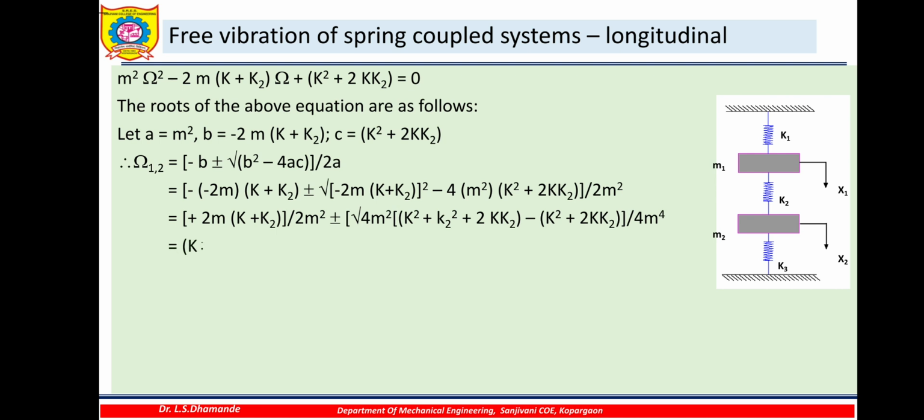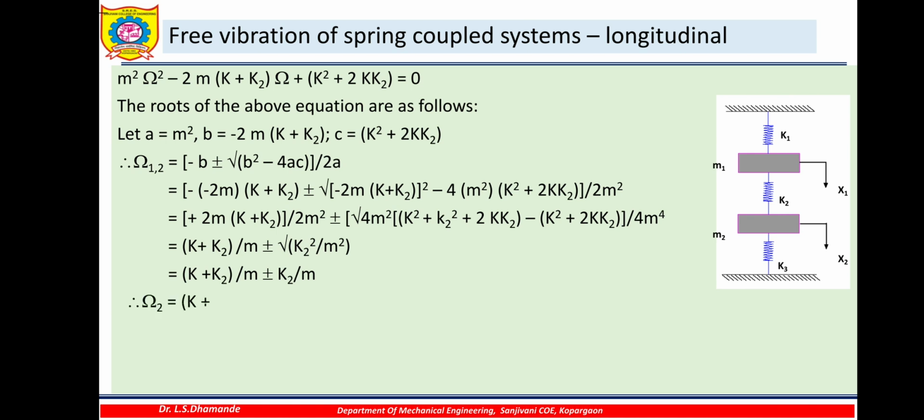So it becomes (k plus k2) divided by m, because the 2 gets cancelled, plus or minus under root k2 square by m square. All the terms get cancelled, and in the simplified form you get k plus k2 by m plus or minus k2 by m, because the root of k2 square by m square is k2 by m.